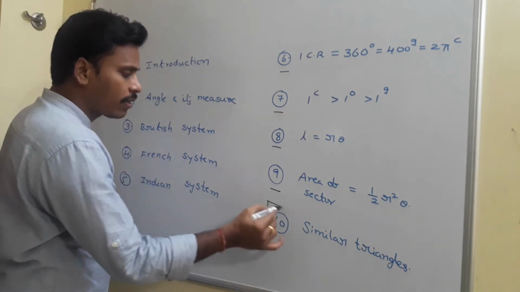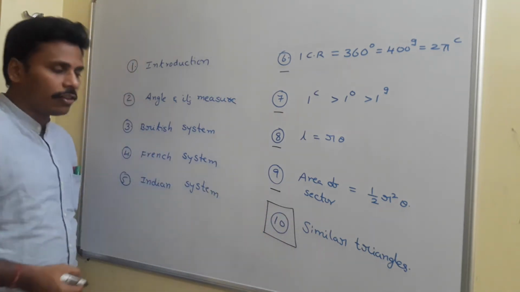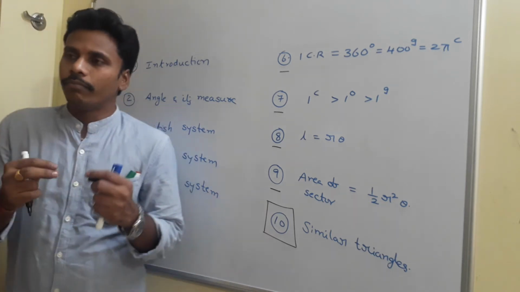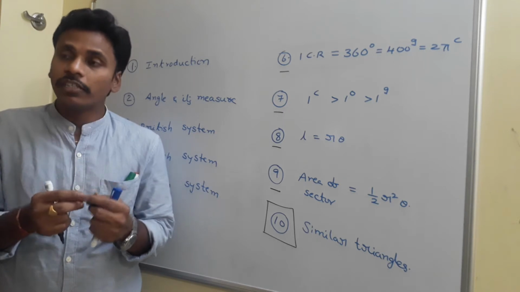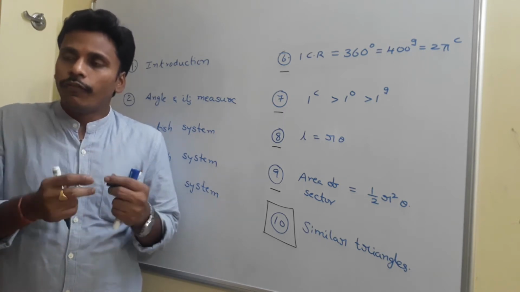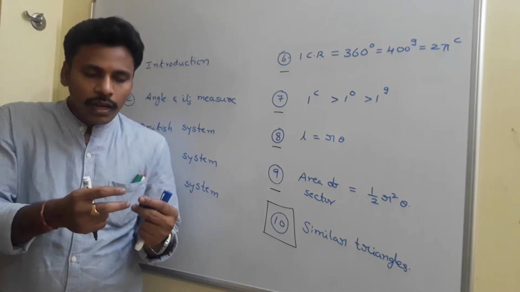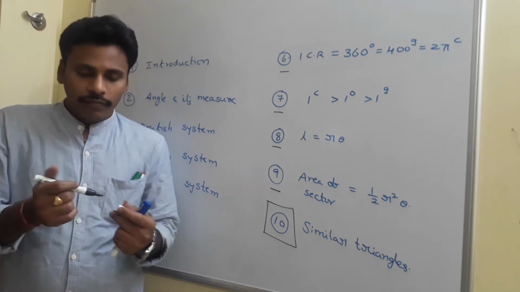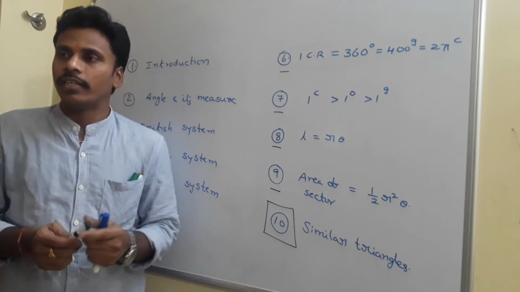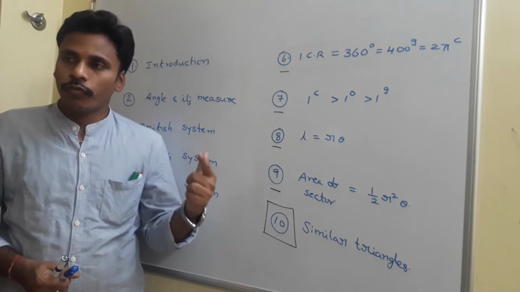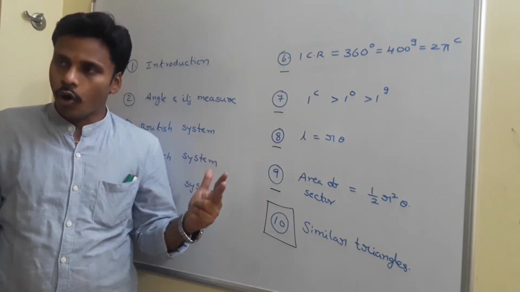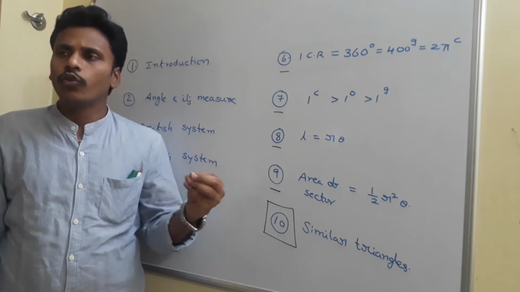Now in this class I am starting the 10th point, which is a simple basic concept related to similar triangles. As I mentioned in the first class, before entering trigonometry, we need certain prerequisites in our hands, such as the concept of angle, the concept of similar triangles, the concept of the coordinate system, and a few other little things.